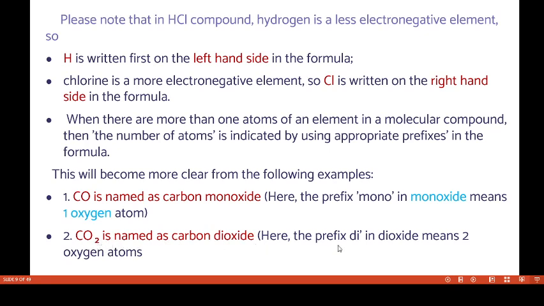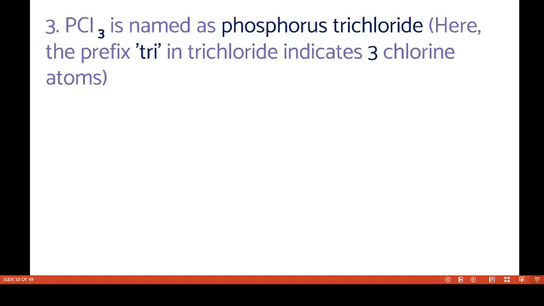Here the prefix di in dioxide means two oxygen atoms. Now PCl3, another example, is named phosphorus trichloride. Here the prefix tri in trichloride indicates three chlorine atoms, that means 3 Cl.